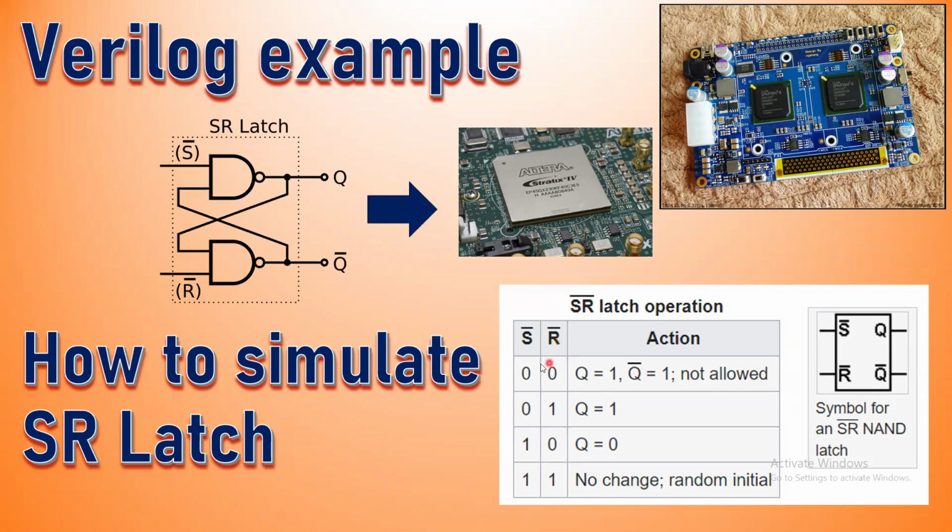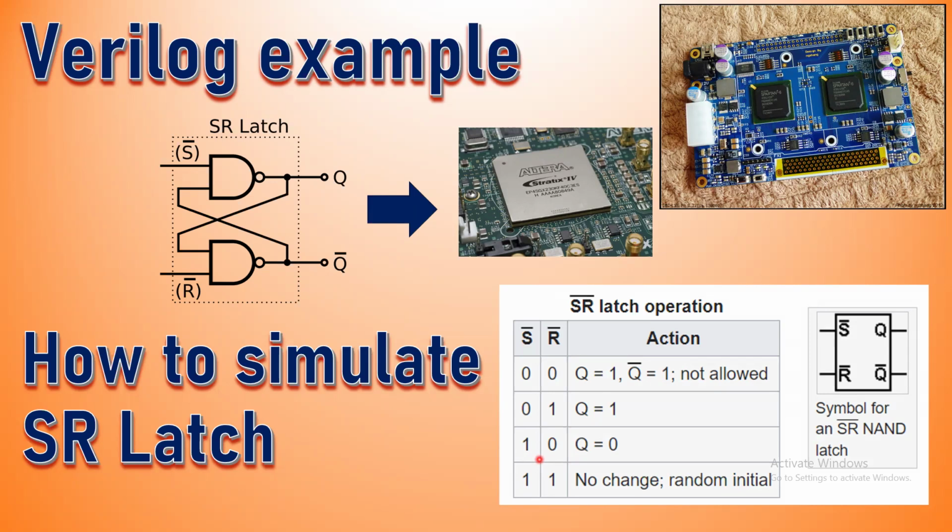So as you can see, here is a truth table for this SR latch, and there are two inputs, so obviously there are four possible combinations. It's binary logic, so 2 raised to the power 2 is equal to 4. Or we can say 2 raised to the power n, where n is the number of bits.